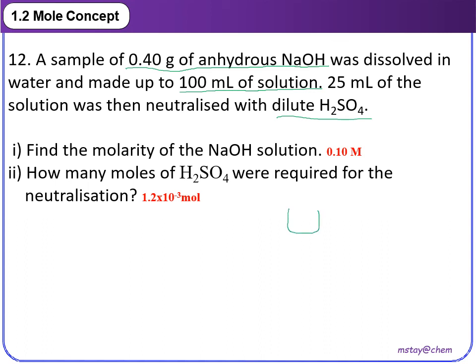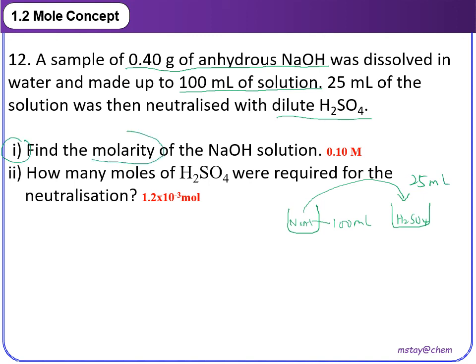You will have 100 ml NaOH solution, and then you only take out 25 ml and react it with another solution which is sulfuric acid.